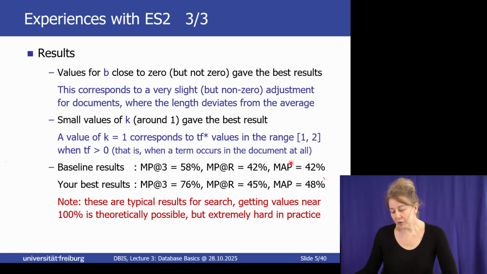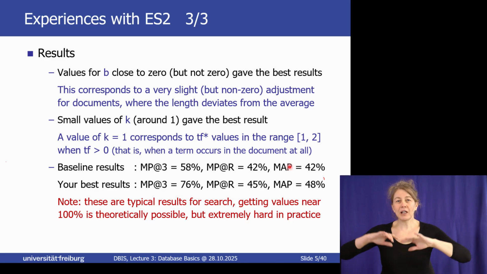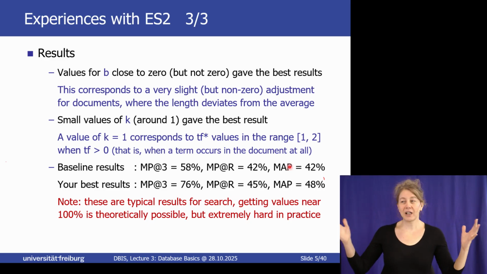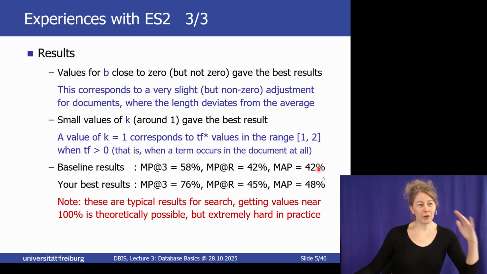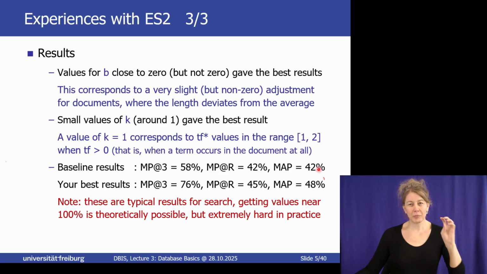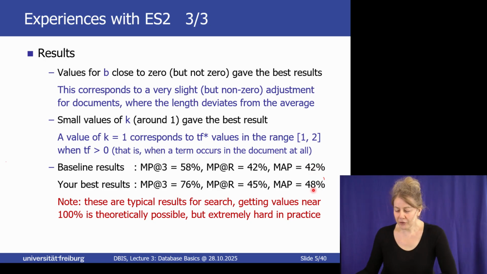So mean average precision is really looking at the position of all relevant documents. So if you want 100% here, you have to get for every query all the relevant documents at the top. And that's extremely hard. So you might say, well, it's just the second lecture, so maybe it's harder to get close to 100%.